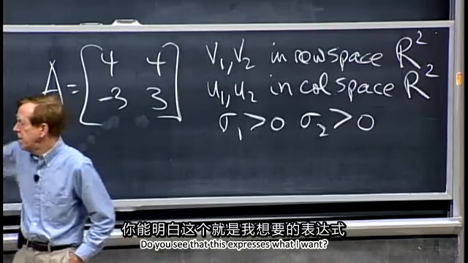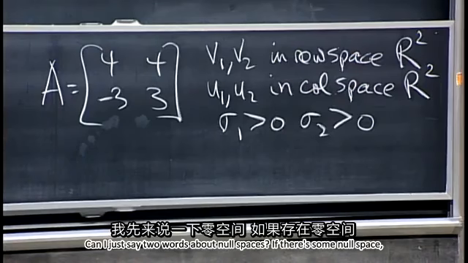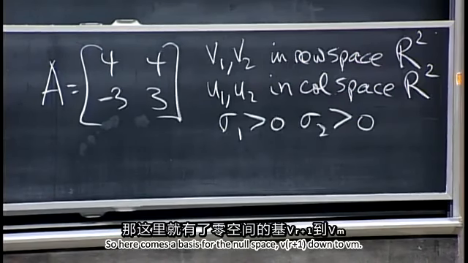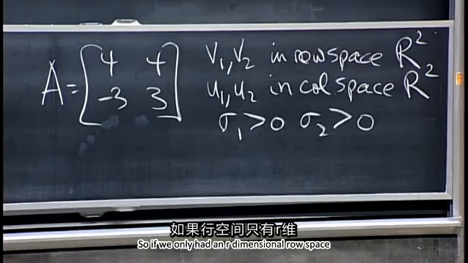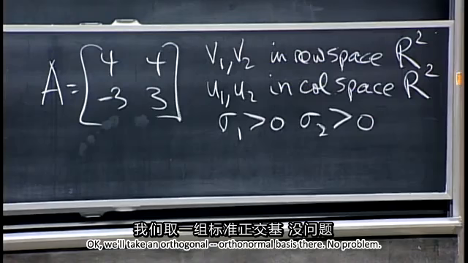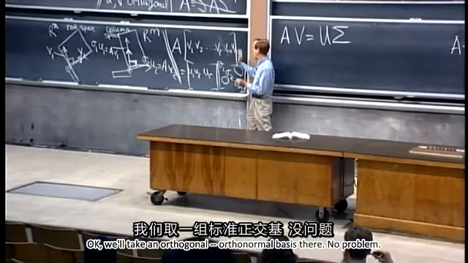Okay. Do you see that this expresses what I want? Can I just say 2 words about null spaces? If there's some null space, then we want to stick in a basis for that. So here comes a basis for the null space, V R plus 1 down to Vn. So if we only had an R-dimensional row space and the other n minus R dimensions were in the null space, okay, we'll take an orthonormal basis there, no problem.